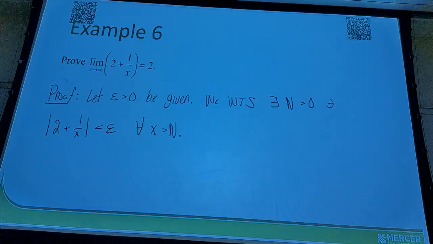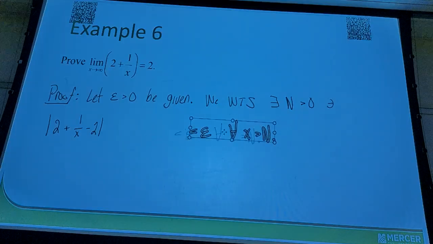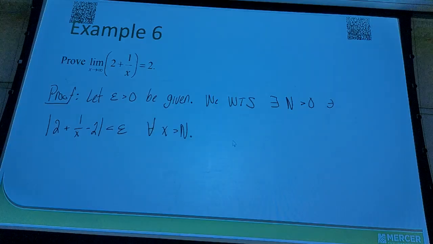What we now want to show is that we can find an n larger than 0 such that the absolute value of f of x minus L is less than epsilon for all x greater than that n value.